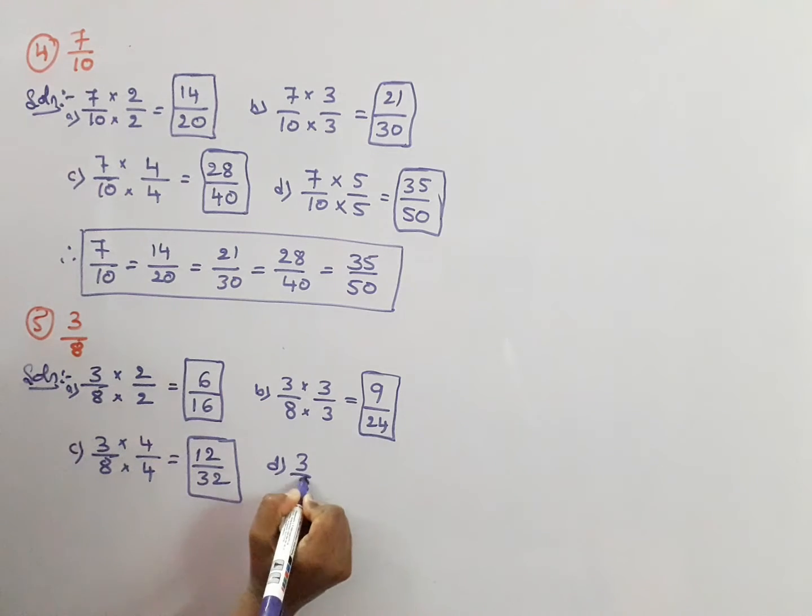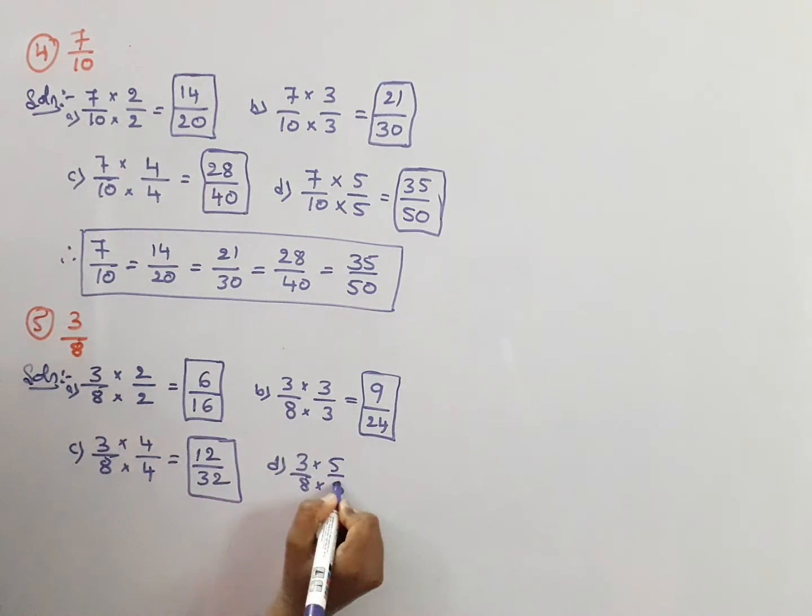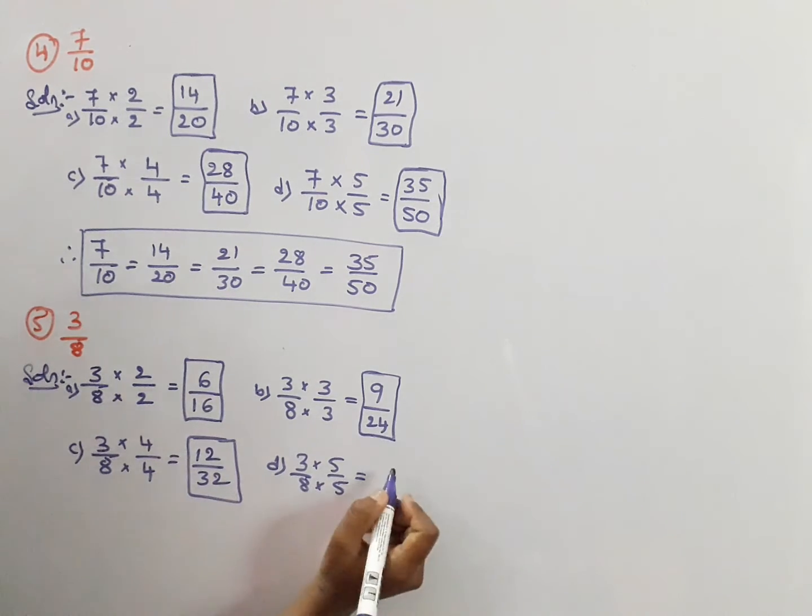Then here 3 by 8, multiply the numerator and denominator of a fraction by the same number. 3 into 5, 3 5s are 15, 8 5s are 40.